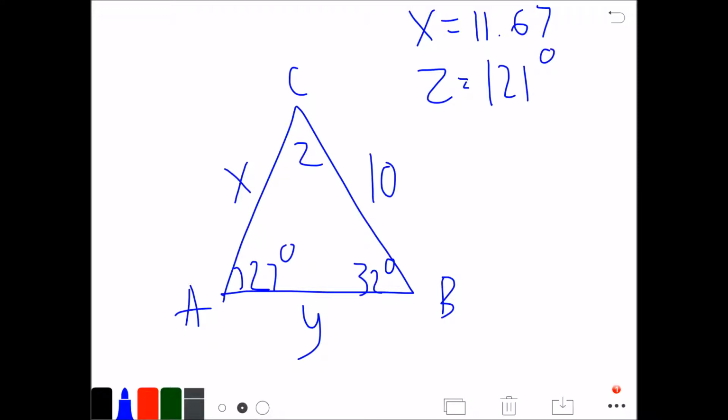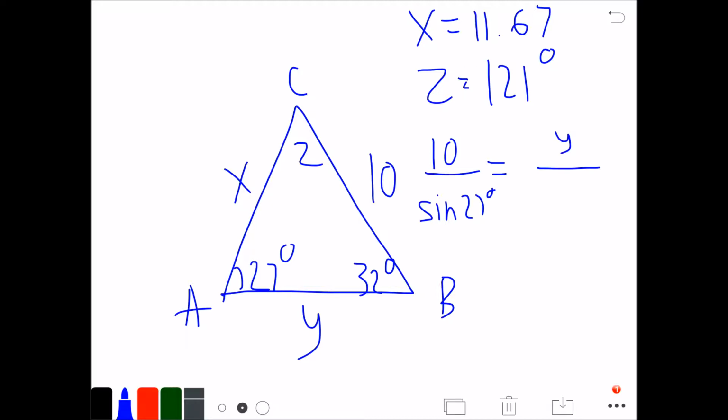Now let's find y. What I like to do is not use this x in the ratio, because it is a very long number and you could round and mess that up. So what I prefer to do is use the original side that I started with, which is a. So I can write 10 over the sine of 27 degrees, right? And now I want to solve for the angle that's on side C, and C corresponds to y.